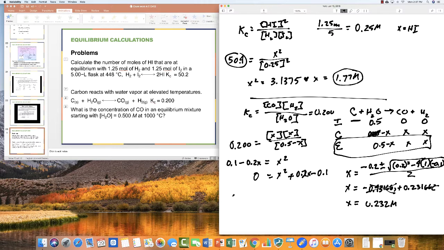The way of checking this is to put this number in for x: 0.232 times 0.232 divided by 0.5 minus 0.232, and see what answer you get. And you should get 0.2, and if you don't, then you made a mistake. And I've done the check here, and indeed we do get 0.2.